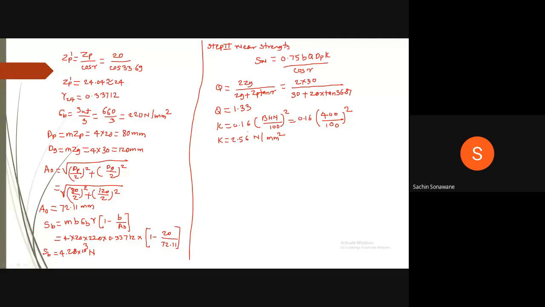Now substitute all the values in this SW equation and calculate SW. Therefore, SW is equal to 0.75 into 20 into 1.33 into, what is the value of dp? 80 into 2.56 divided by cos of 36.87 degree.